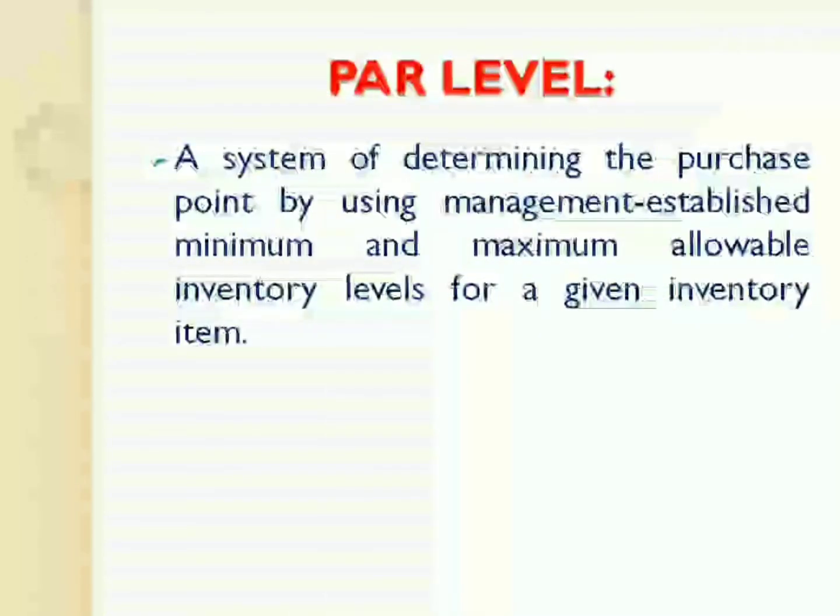Par level is also known as the emergency stock. Basically there are minimum and maximum allowable inventory levels for a given inventory item in any establishment, and that helps to determine the purchase point by the store manager or larder chef. Then next is requisition.